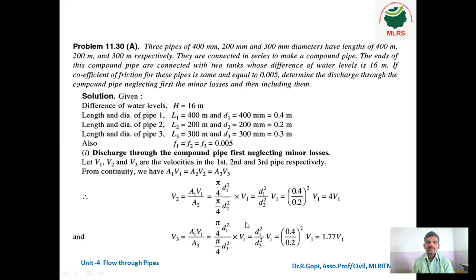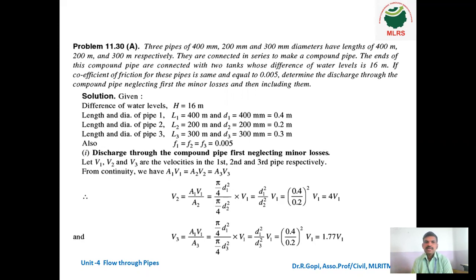So next problem. 3 pipes of 400 mm, 200 mm and 300 mm diameter have lengths of 400 meter, 200 meter and 300 meter respectively. They are connected in series to make a compound pipe. The ends of this compound pipe are connected with 2 tanks whose difference of levels is 16 meter.